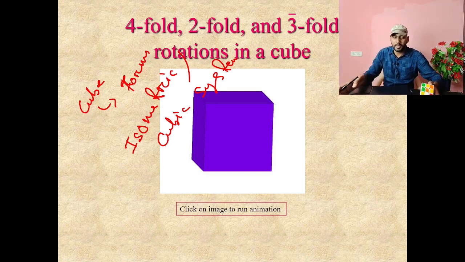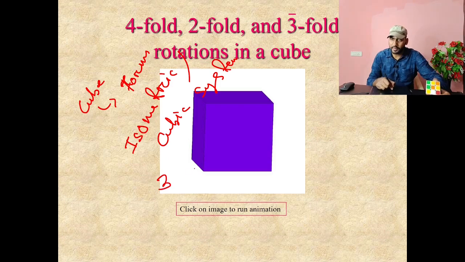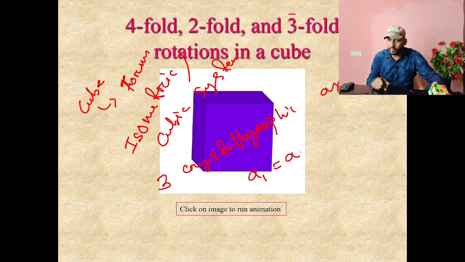In the cubic system, we have three crystallographic axes, which are equal in nature: A1 is equal to A2 equal to A3.